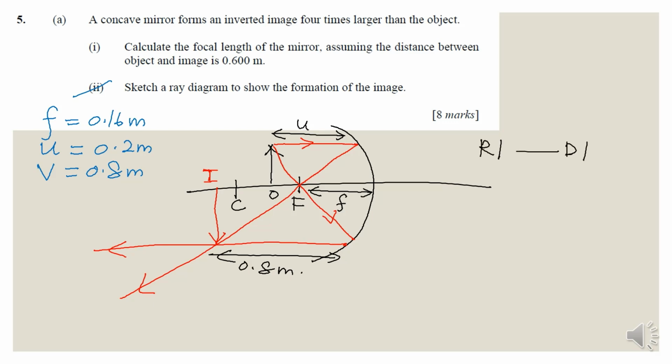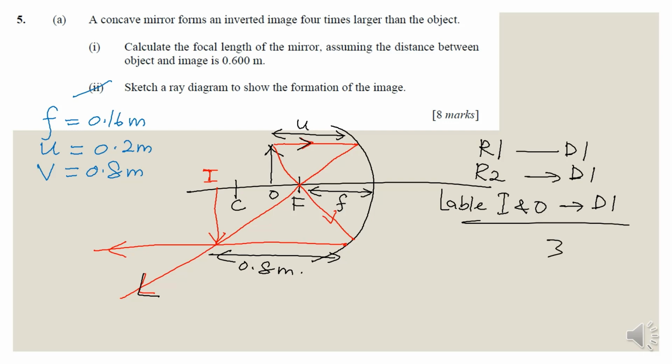Ray mesti ada arrow, wajib ada arrow. Ray yang kedua 1 markah, F mirror parallel. Dan yang ketiga adalah label for image and object, 1 markah. So total marks is 3 marks.